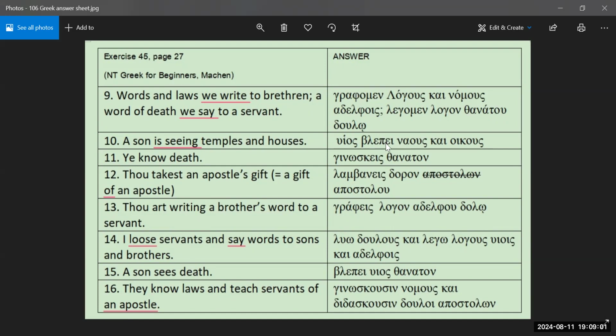And then you get into the plural, that'd be blepomen. We had the omen up here, that's we. And then ye, like ye, you people, the you plural, that would be blepete. And then for they, which would be the third person plural, that's ousi or ousin that comes on the end.